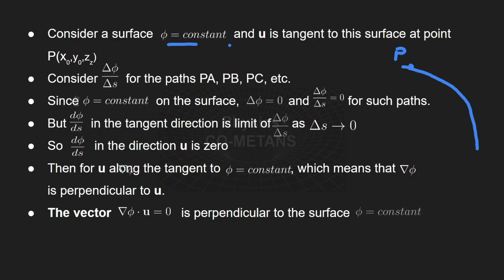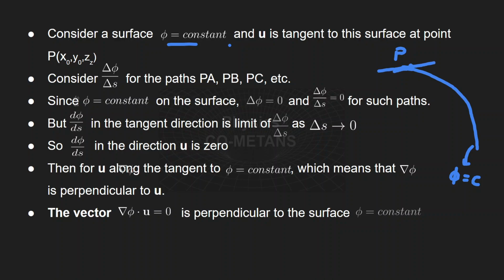So we have a surface on which phi is constant. C means constant, and U is a tangent to this surface. Let's say this goes like this.